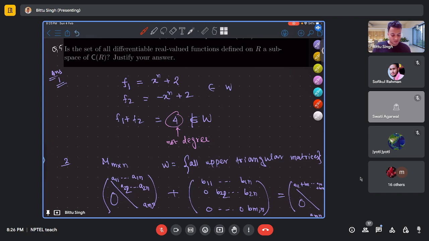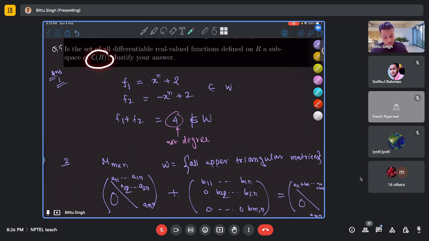Differentiable real valued function. You know about differentiability and continuity. So here C(R) is the space of all continuous functions. There are spaces: one space is the set of all functions, but instead of all functions, we can restrict to continuous functions.